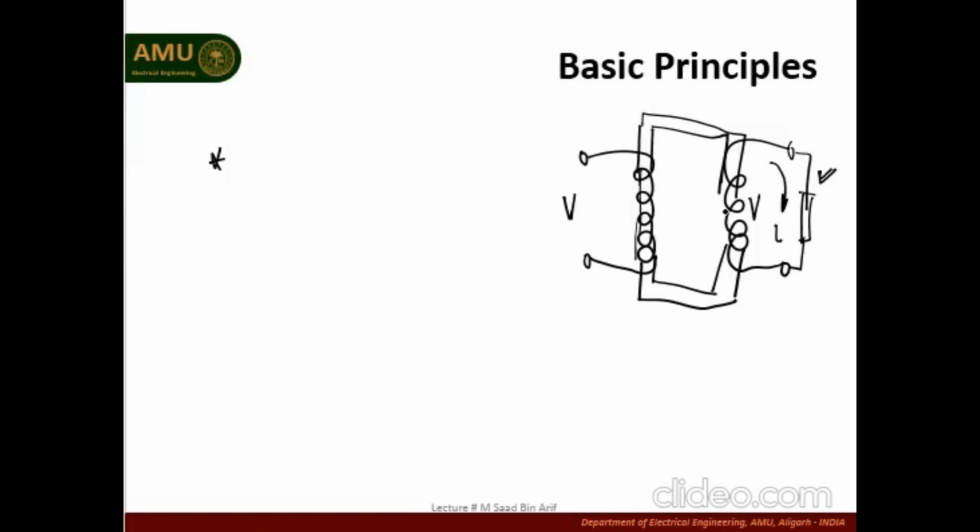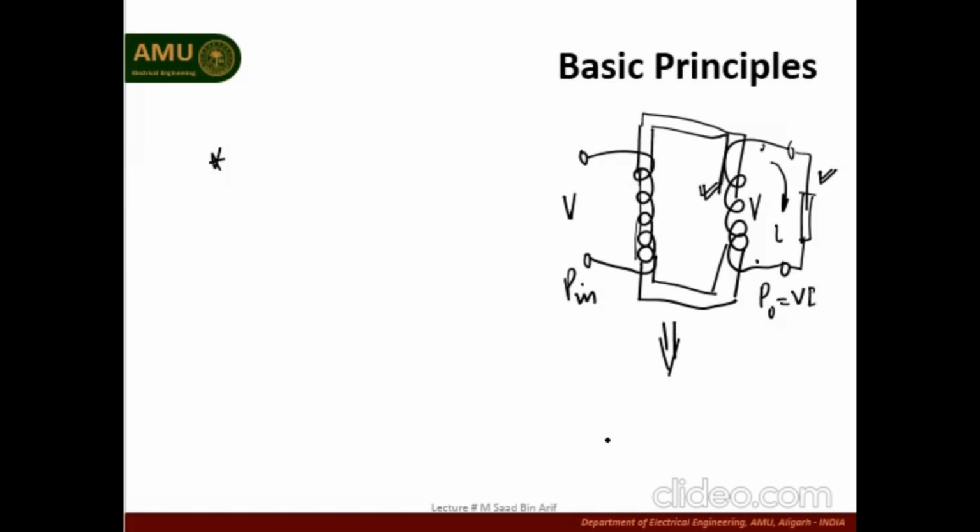If the same flux links with this coil, that is with the other circuit, then this varying flux will induce the voltage in this circuit. And once we get the induced voltage over here, and if we connect the load, then the current starts flowing in this circuit. It means we start getting the power, that is V into I. We have input power over here and we have output power over here. So in this way we can transfer power from one circuit to another.